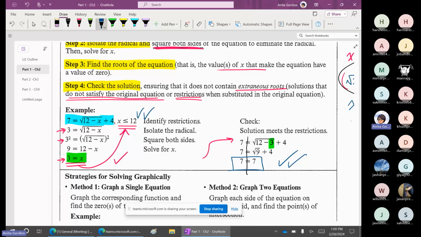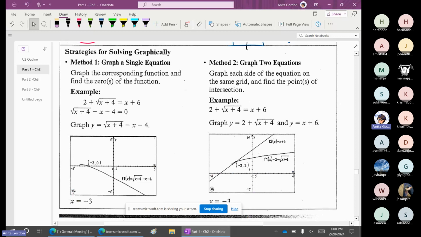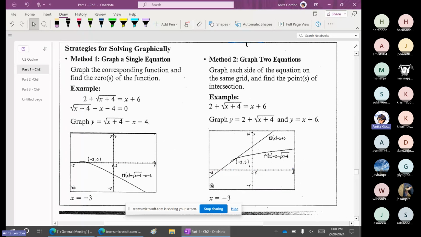Another way we can do this is by using a graph, and there's two methods to use with the graph. In an example where we have a two-part equation, meaning we have something equals something else, in order to find the solution, method 1 is called the single equation method.